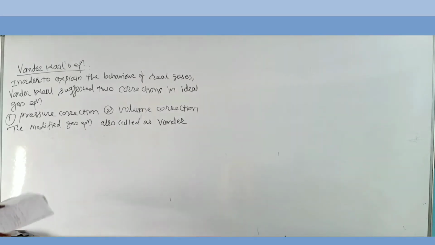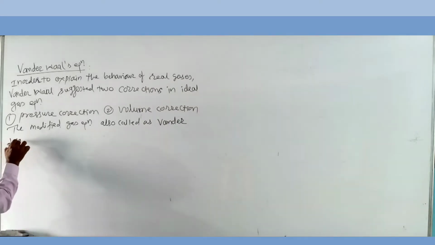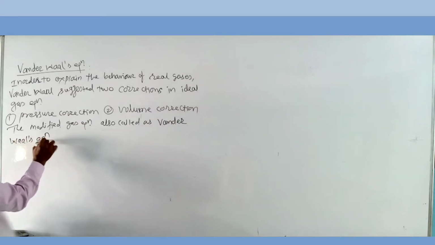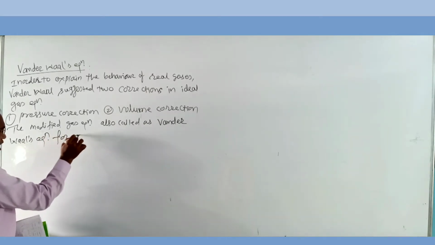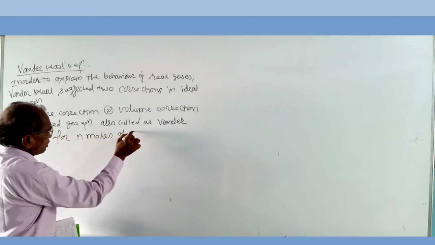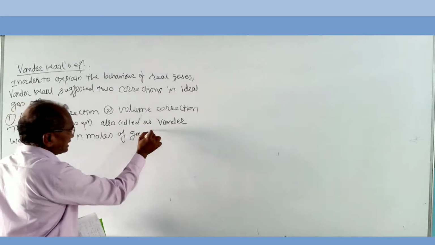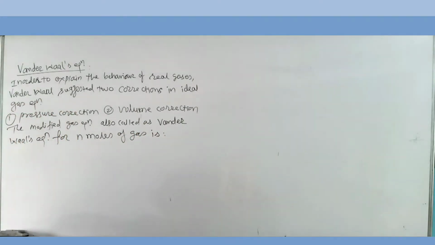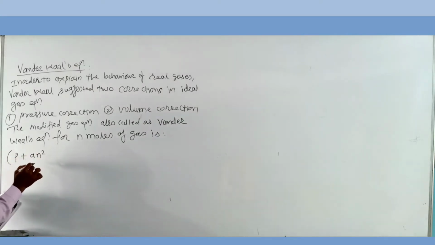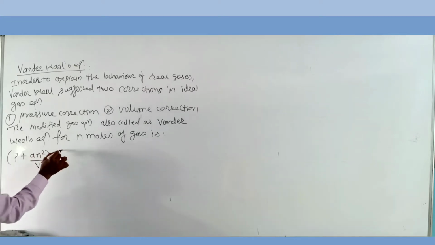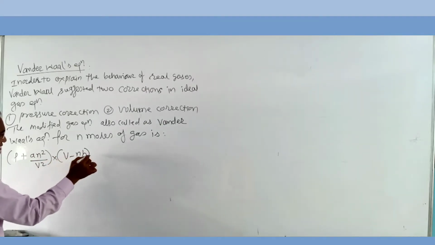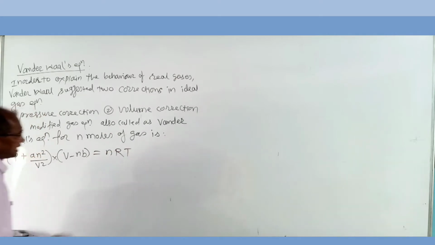The modified gas equation, also called the Van der Waals equation, for n moles of gas is (P + an²/V²)(V − nb) = nRT.